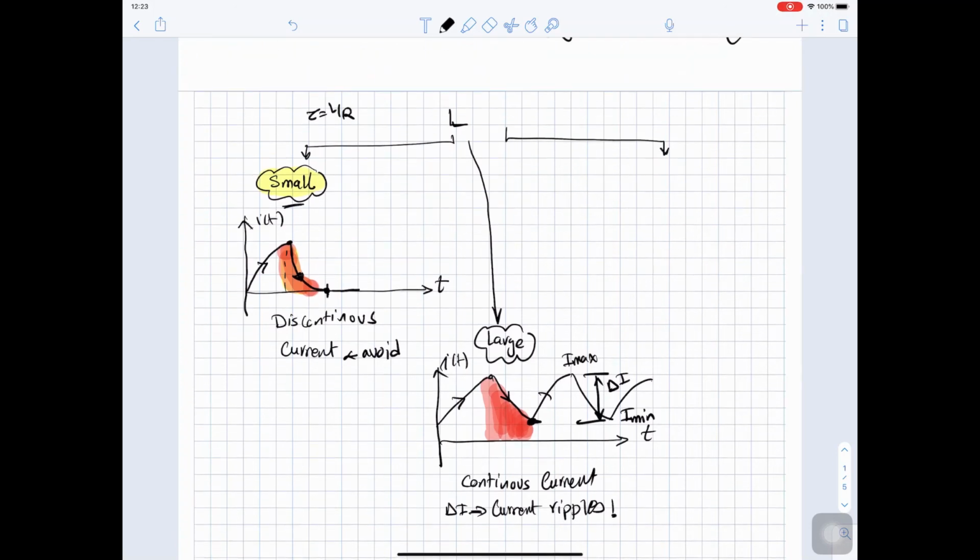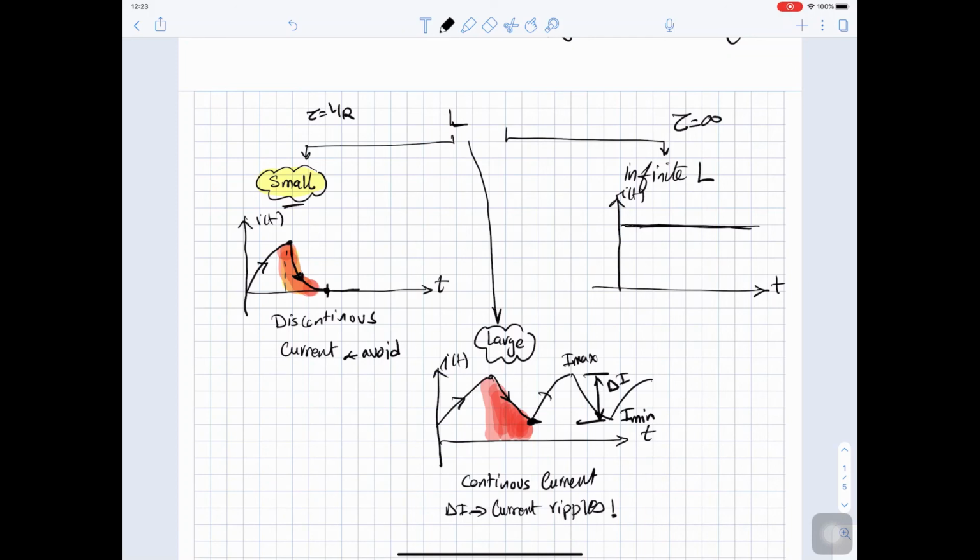Now if L is infinity, so infinite inductance, in this case the inductance will be very high and your time constant will actually be infinity, so the current will never oscillate. So if we sketch the current I of t, it will be constant. The inductance is too large and it will keep the current constant.